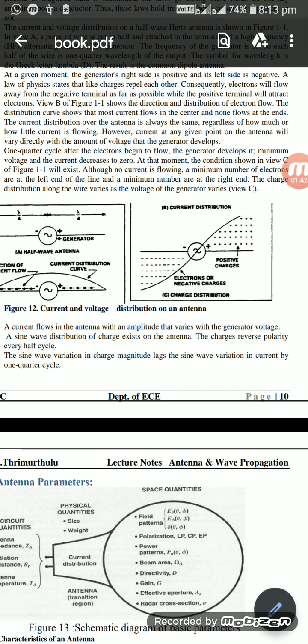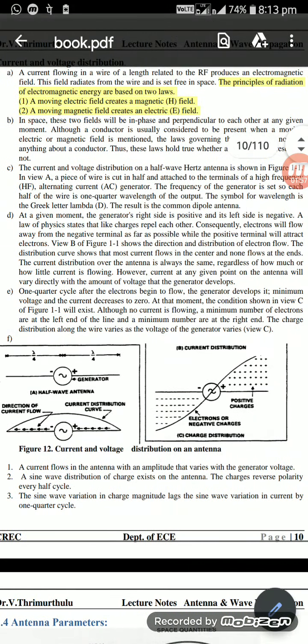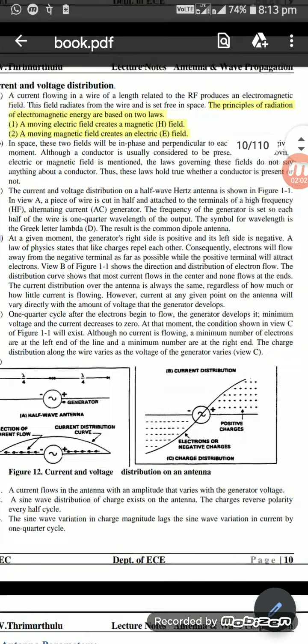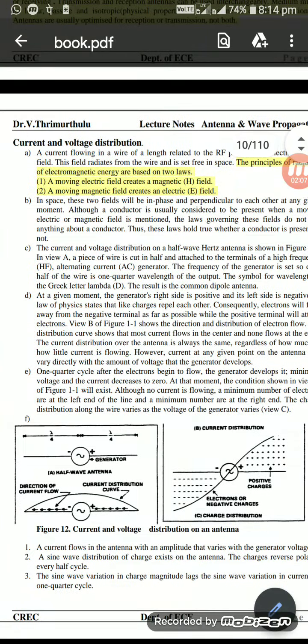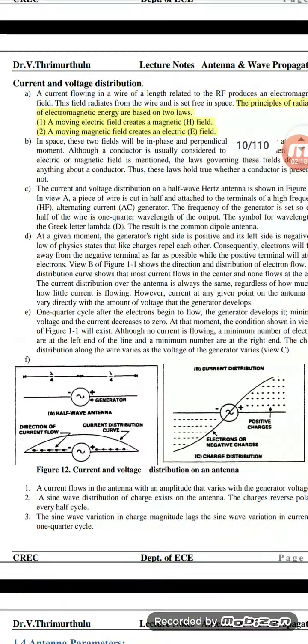Charge distribution means positive and negative: positive is uppercase, negative is lowercase. Electrons pass in only one direction. These two fields are perpendicular to each other in space, in the given movement. That is the current and voltage distribution.